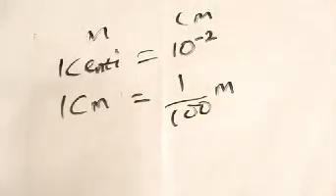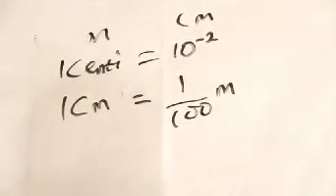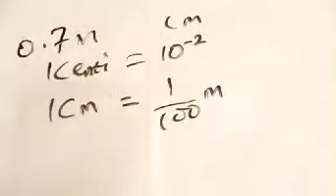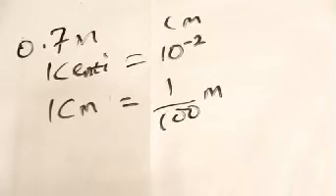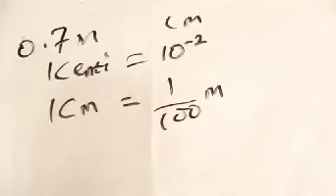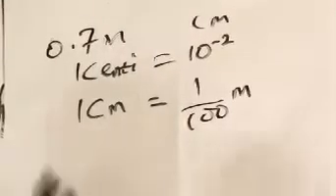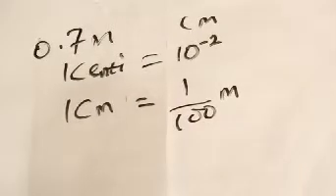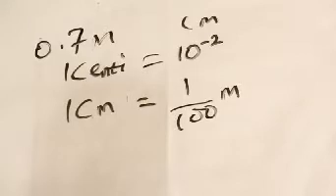What we want to do now is to convert from meters to centimeters. Remember, 0.7 meters. Whenever you're converting from a particular unit to another unit, you must know the equivalence of one of that unit, for example, meters, in the other unit, centimeter.